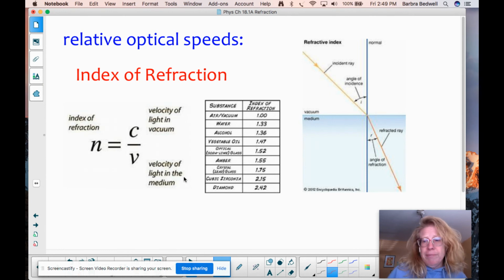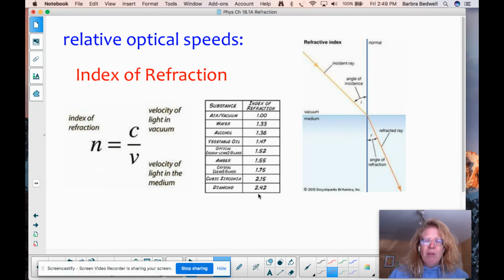Gases are so low density that light's basically unimpeded through gases. As the material gets thicker, so to speak, the velocity slows down more and more. So if you have 3 times 10 to the 8th divided by a slower number, then your indices of refraction are going to start to bump up. Now, you don't really ever see huge numbers in here. I mean, they never go above 10.